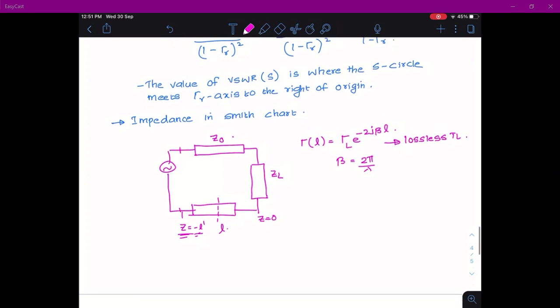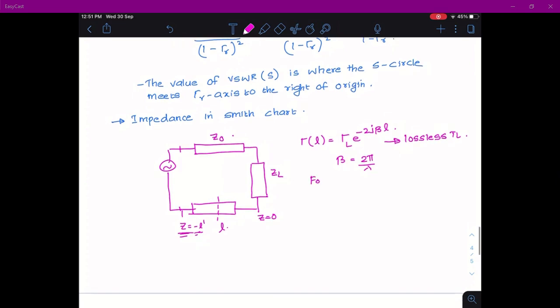Now for a given transmission line and load, tau L is constant because you are not varying the load.